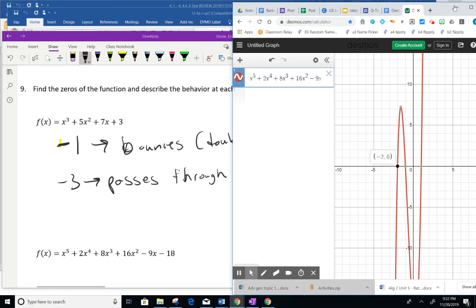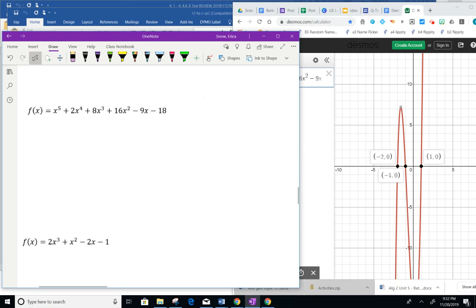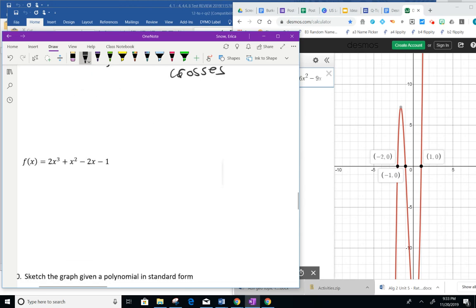And we have 1, 2, 3 zeros, 3 real zeros on this one. And guess what? It passes through all 3 of them. So we have -2, -1, and 1. And it passes through. Or you could say it crosses. Either one of those will be acceptable to me.